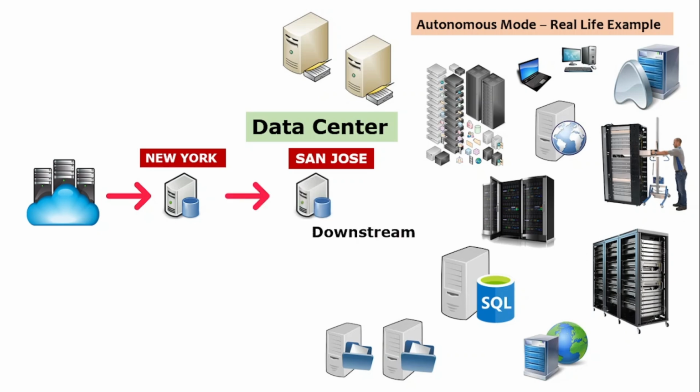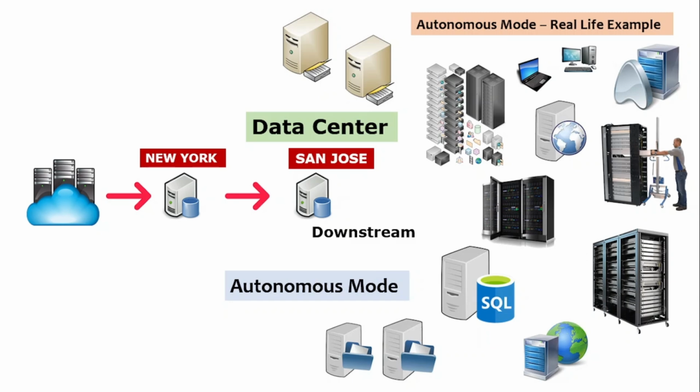Instead, we will configure a downstream server in San Jose, but it will be autonomous mode. So all the groups and approvals will be done from the server present in the San Jose data center. So only updates will be synchronized between New York and San Jose.